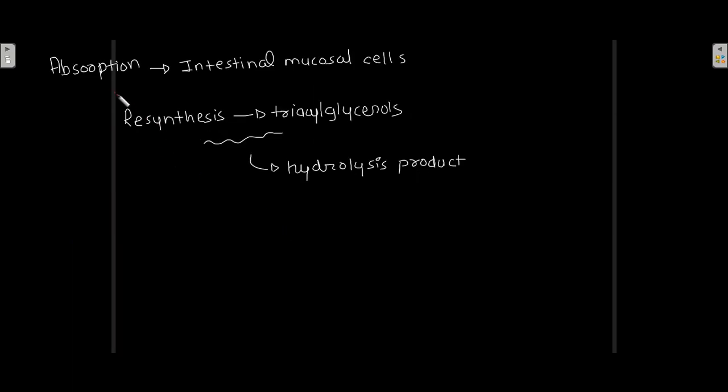During absorption through intestinal mucosal cells, there is resynthesis of triacylglycerols, and this resynthesis occurs from the hydrolysis products. These hydrolysis products are used in the resynthesis of triacylglycerols during absorption through intestinal mucosal cells.